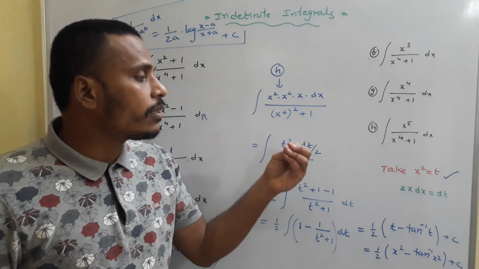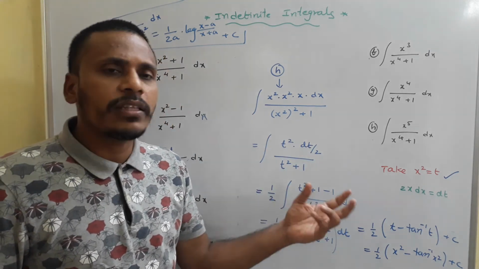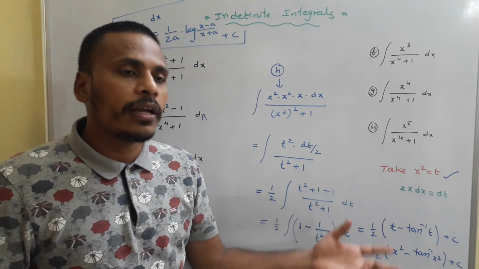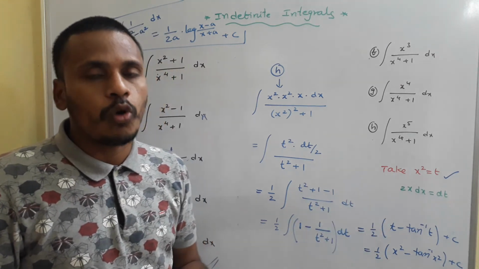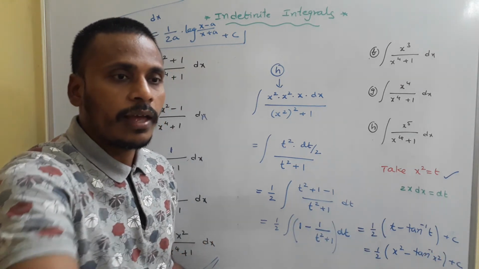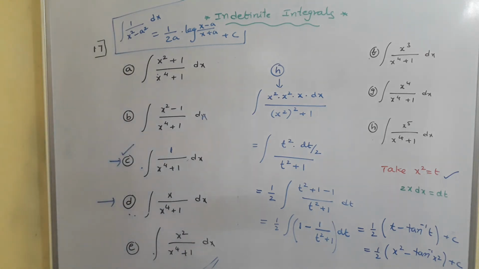If you are not able to identify it, you feel some discomfort and difficulty answering these integrals. Just try to memorize the way we solve, not the problems and the answers. You need to memorize the approach. Then I will give you some more problems to answer now.